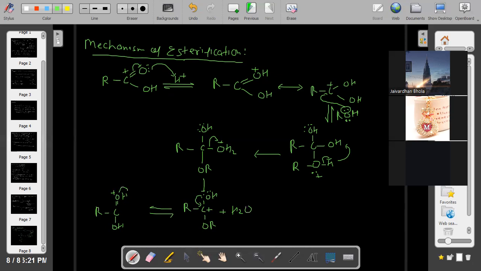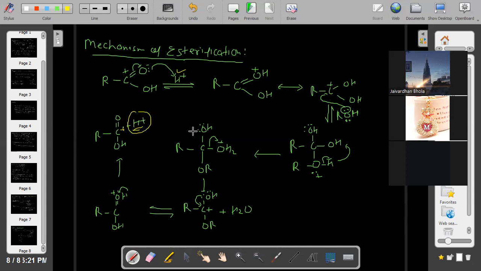This hydrogen will lose its proton and move out. Then RC with O and OR, and this proton is created. This is the same proton you have used here.